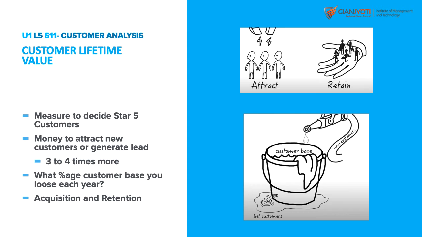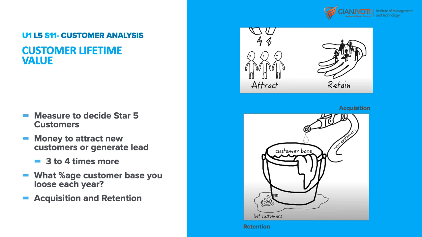Now, in order to maintain the customer base, there has to be a balance between the acquisition rate and the retention rate, because if you can't maintain your customer base, then your business will not run. So this is what we call acquisition, and this is what we call retention at the bottom.